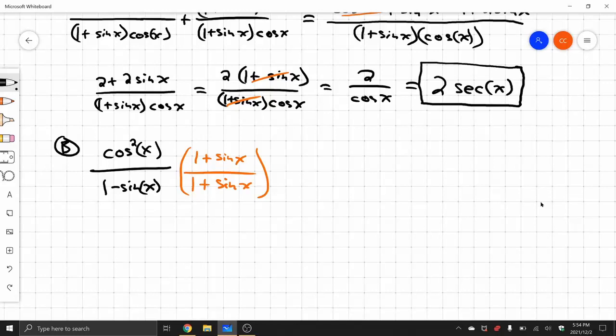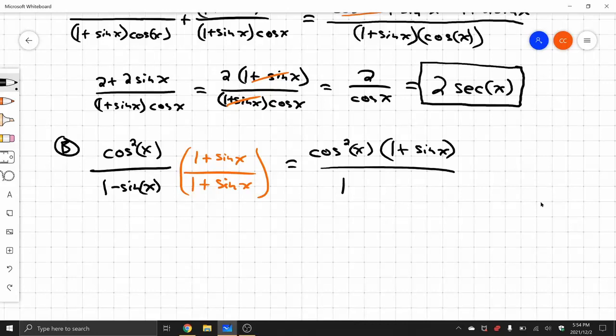I'm going to have this cosine squared x times 1 plus sine x over, okay, this is going to FOIL into, this is a minus b times a plus b. So that's going to FOIL into a squared minus b squared.